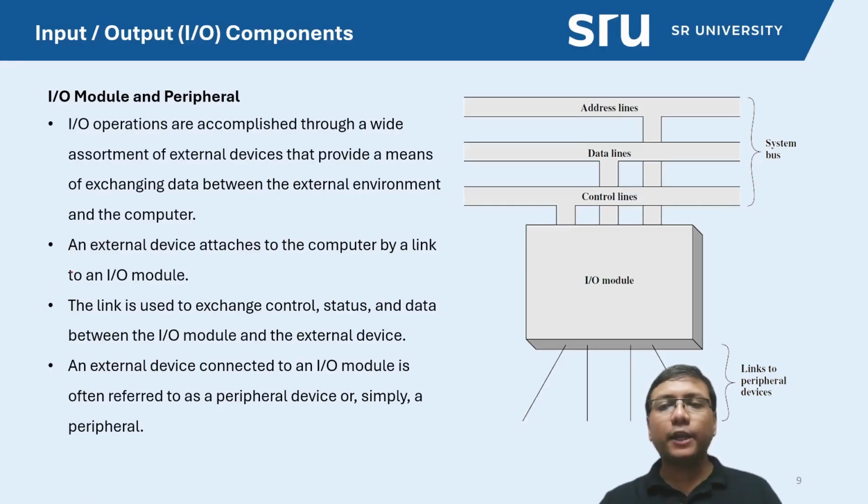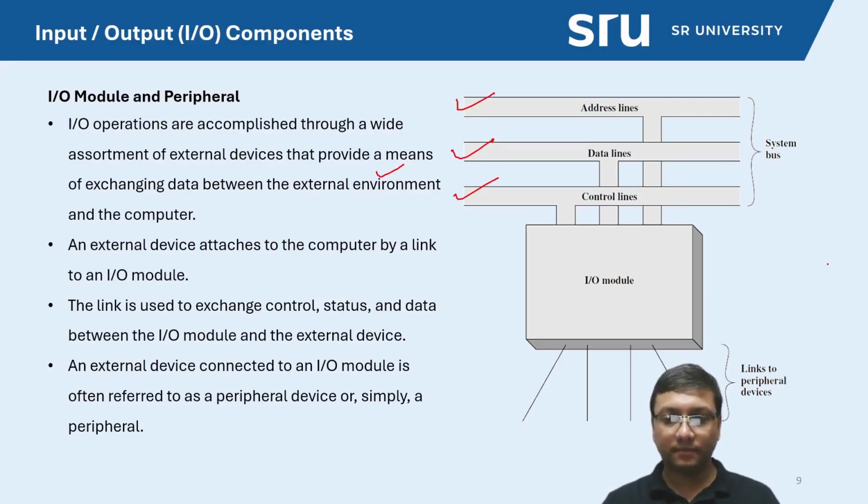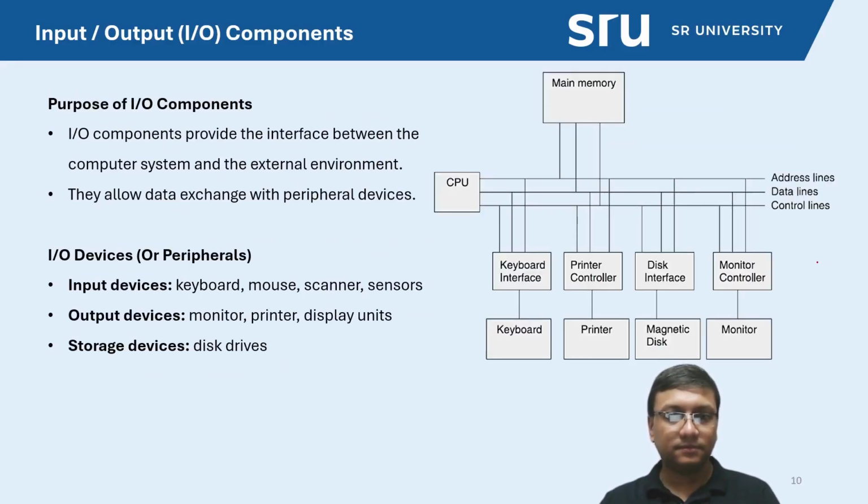So basically IO modules play the role. This IO module is an interface that is placed between the user and the system. Through three interconnects, namely address line, data line and control line, these IO modules are connected. So this is how they are connected.